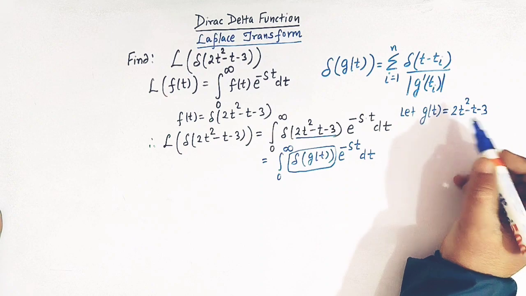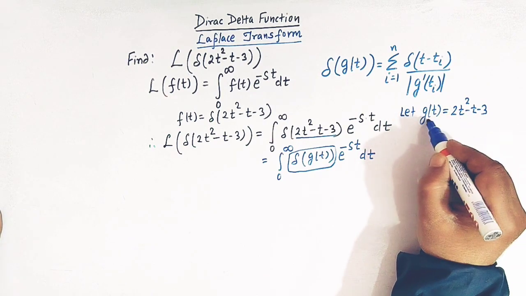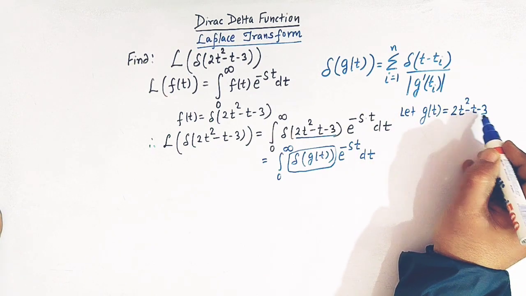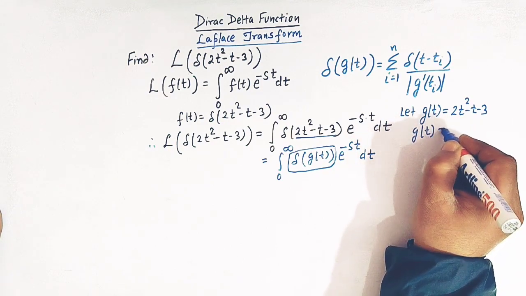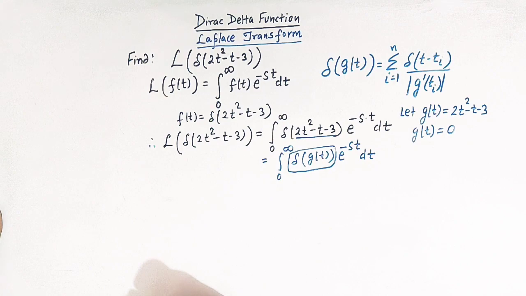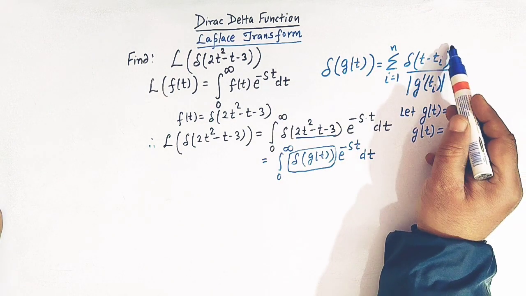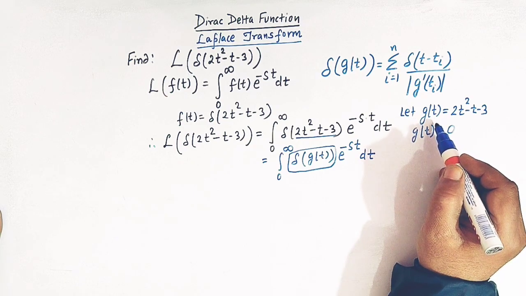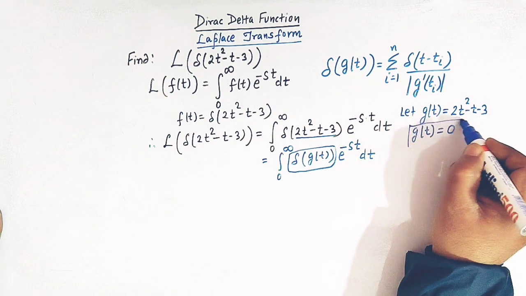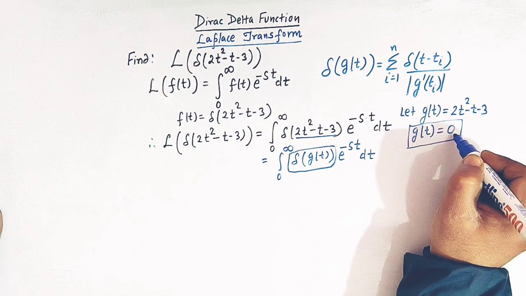We have g(t) as 2t² − t − 3. Let us find the roots of g(t) = 0. Whenever we have to apply this property, we first have to find the roots of the equation g(t) = 0.